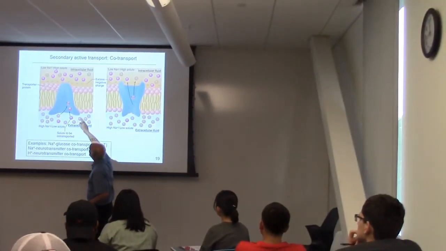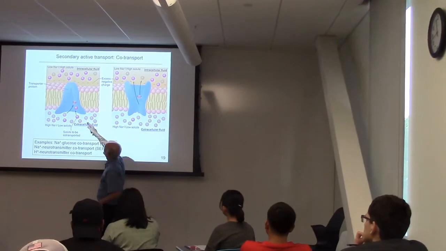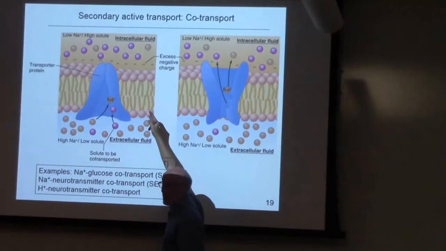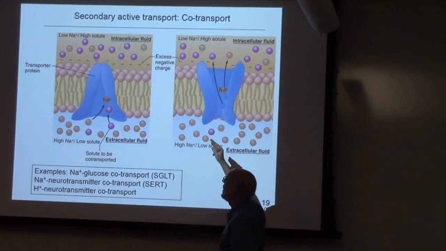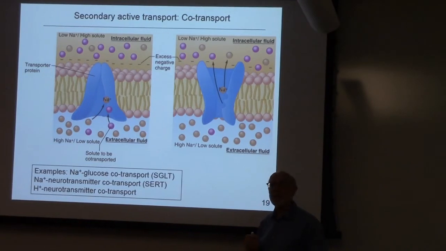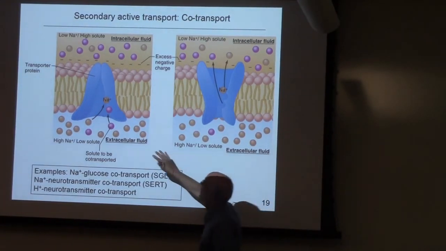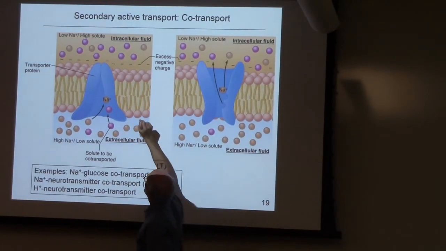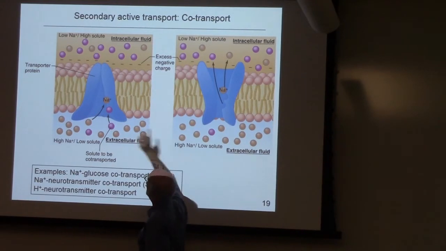glucose, which is shown in purple, is being pumped into the cell, and the energy for that pumping of glucose into the cell. Why is it pumping? Because the concentration of glucose is low on the outside, sorry.